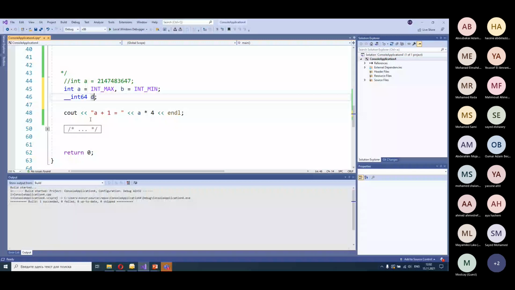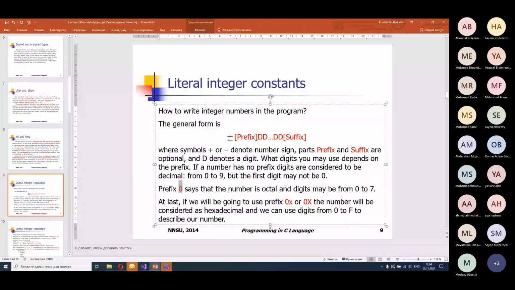And also, I already showed you that 0 says that the number is octal, and the digits must be from 0 to 7. And there may be another prefix, 0x, when the number is hexadecimal. But maybe we will consider it later when we have enough time for it.